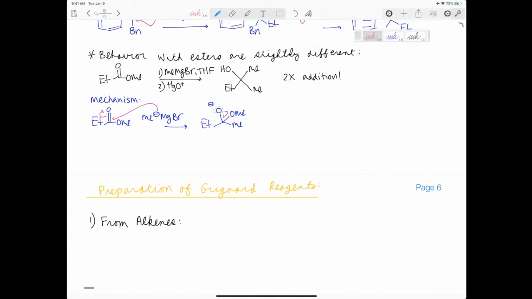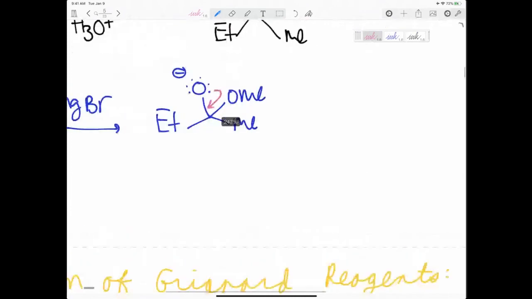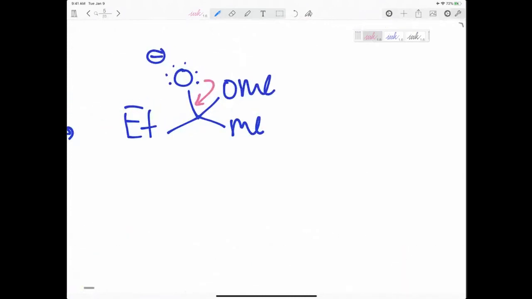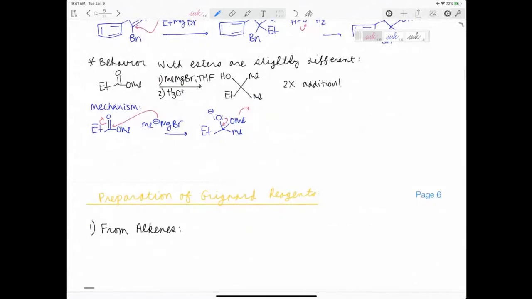So it forms a double bond. And when it forms a double bond here, which is a good leaving group? The methoxy group, the OMe. So then what you have here is a loss of leaving group. That's kicked off, and you are back to a ketone. Because you have another electrophilic center, the reaction is going to restart itself.